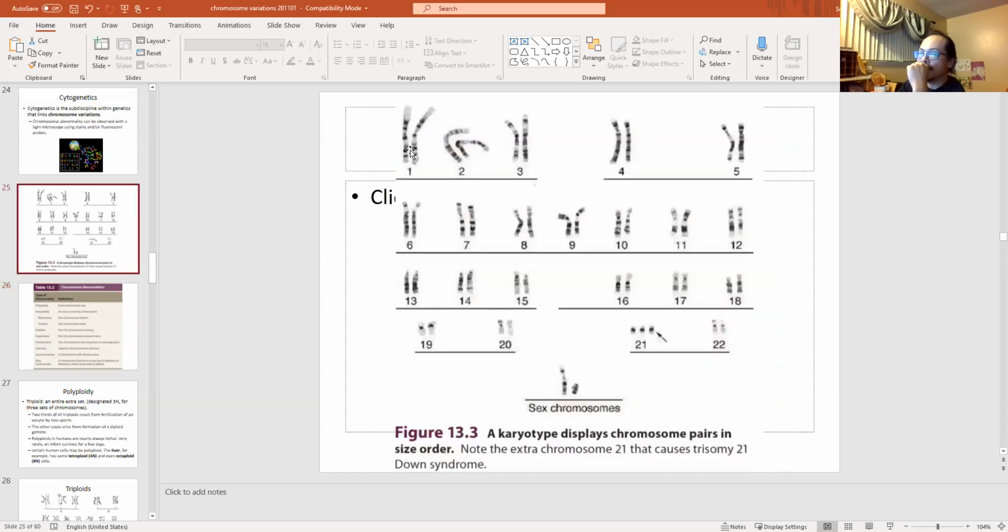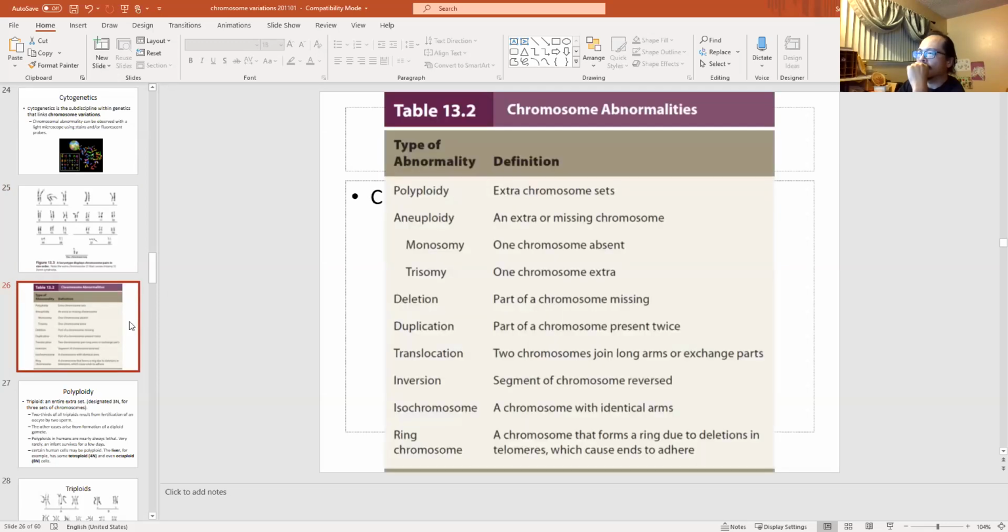Say the P arm and Q arm are identical. And also ring chromosome, where the chromosome deletes the telomere, and then the two ends adhere together. So this is another abnormality of the chromosome. So that's several types here.